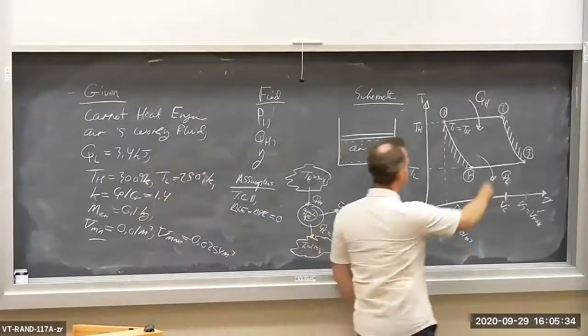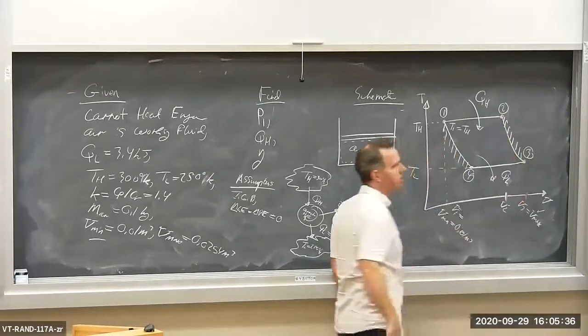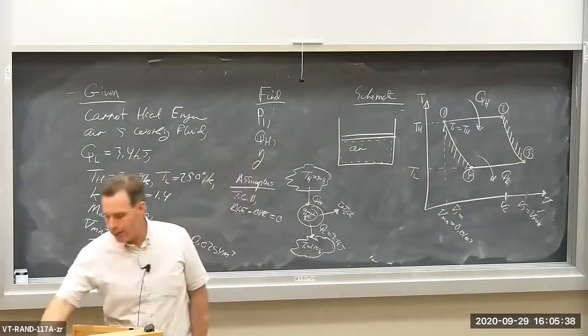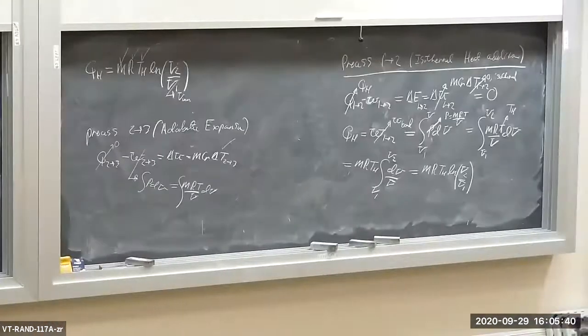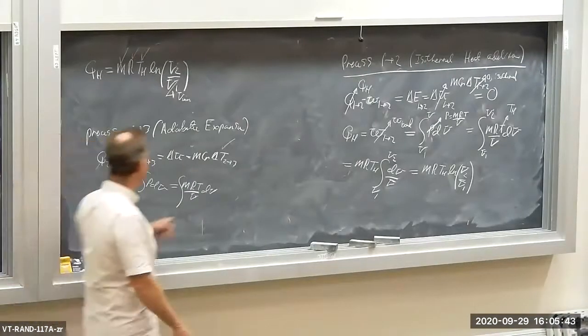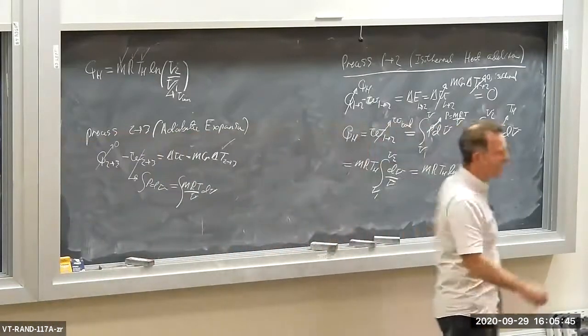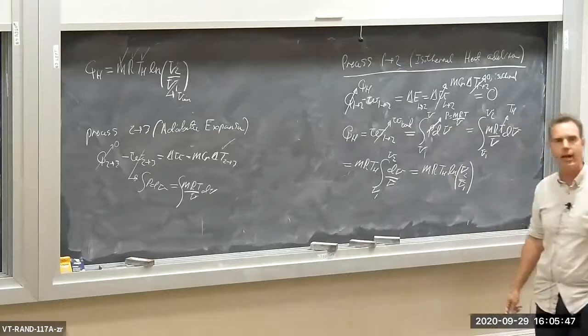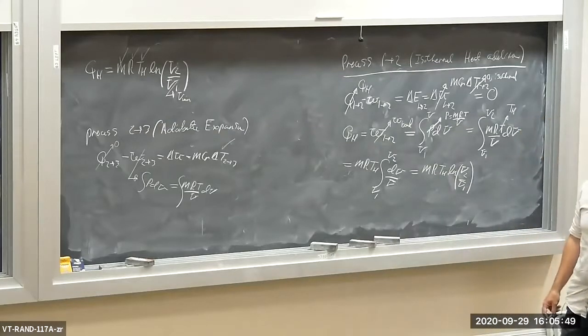Temperature's falling, it's changing during the process. I have no idea what temperature is doing at this point. So there's really no way for me to evaluate this integral or disentangle it to extract out V2 the way it stands. So I think I'm going to take a step backwards here.